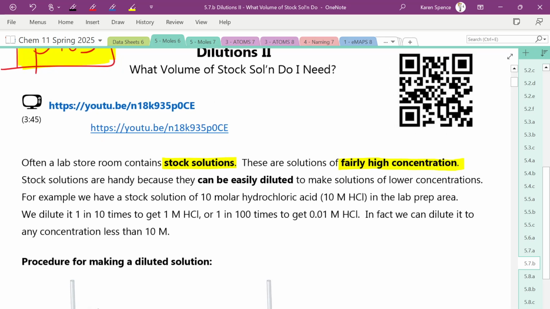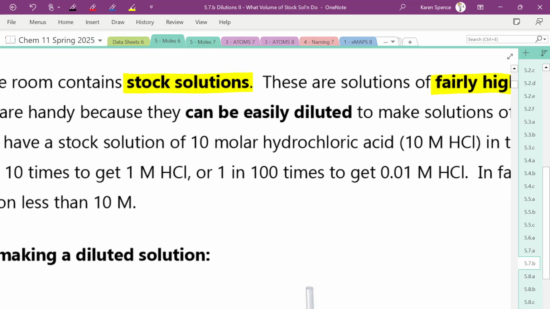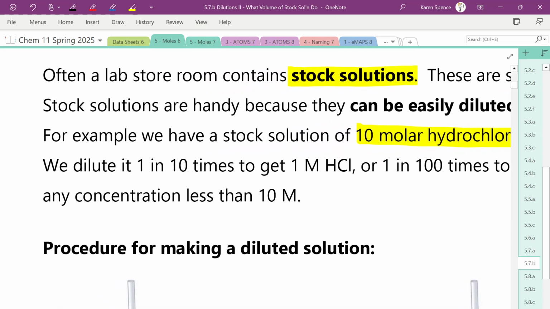So if we have 10 molar hydrochloric acid, which could also be written 10 M HCl, that is a very concentrated acid, we could dilute it 1 in 10, which means 1 liter of acid plus 9 liters of water, 1 in 10.